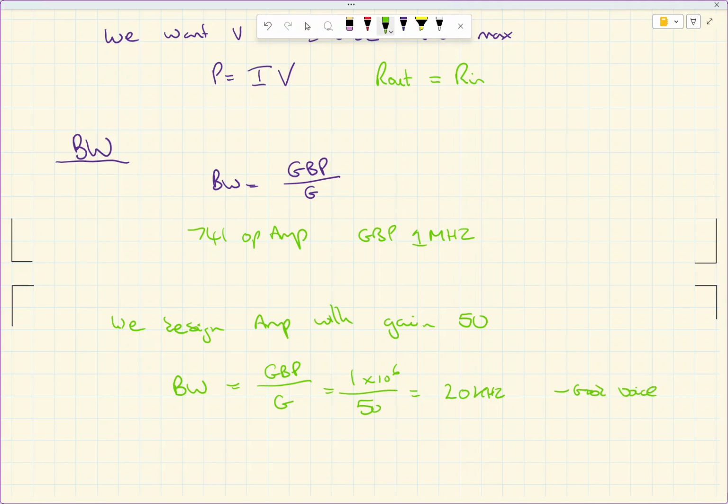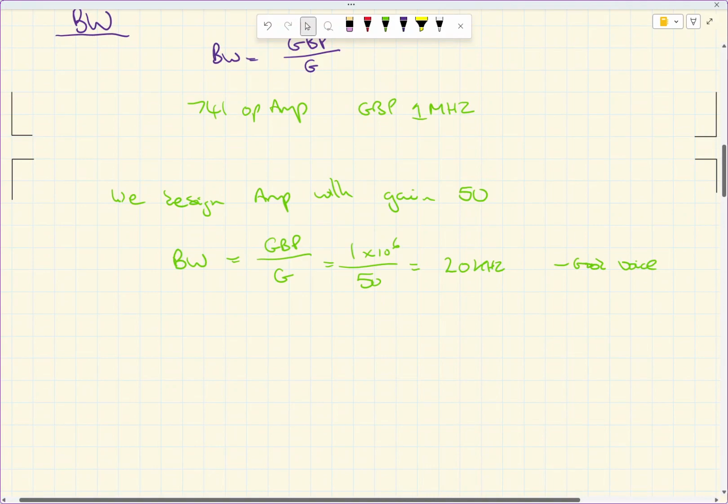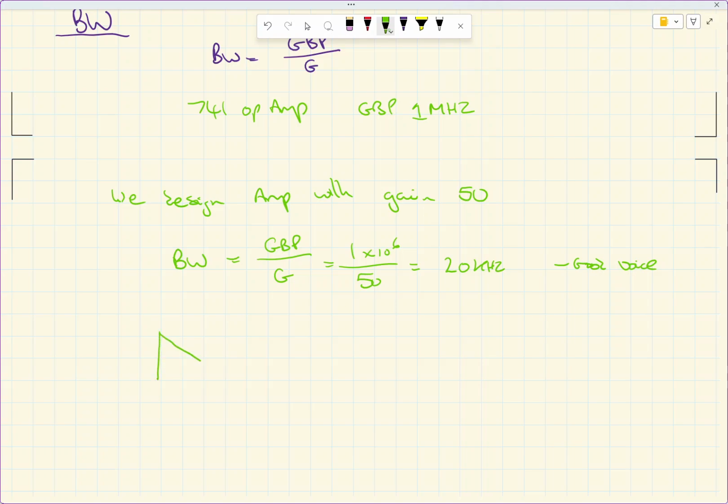Okay, now if our overall audio system needed a gain of 2500, we can create an amplifier circuit here.